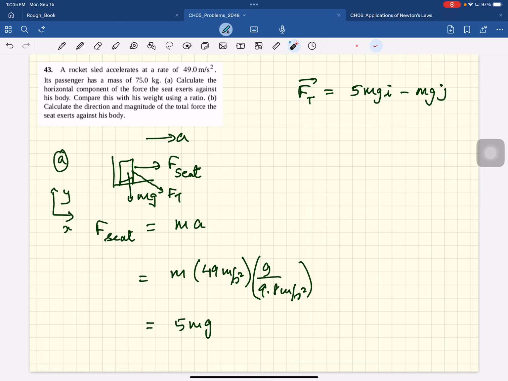So that's the total force. They're asking you to find the magnitude of this force, which is, there's 25 plus 1, so root 26 mg.